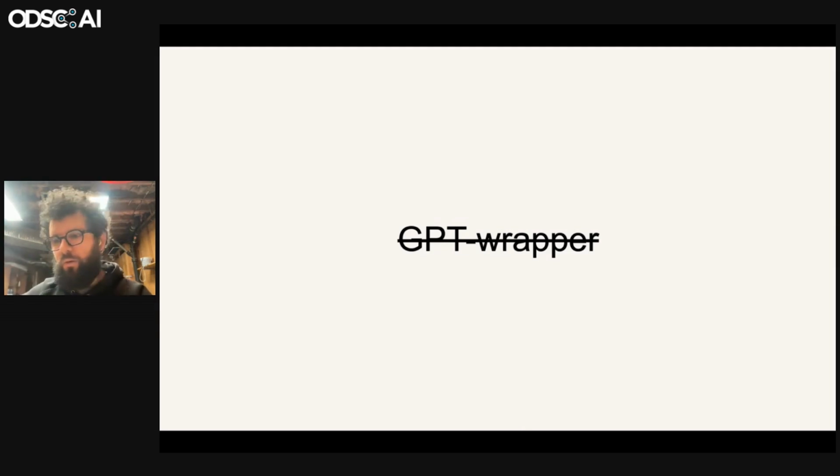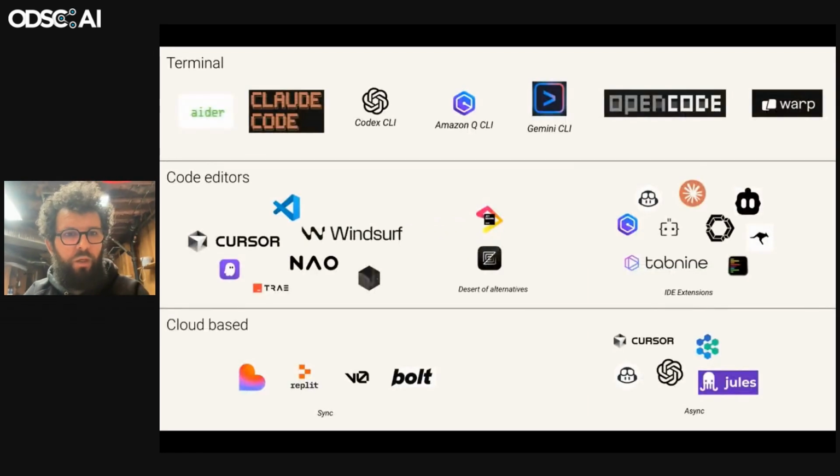If you take just GPT, it's just token production. But what you build on top, the tools and orchestration, is the real intelligence. So it's not really only a GPT wrapper.